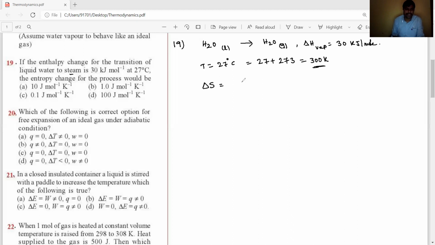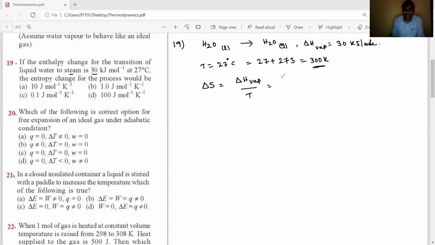Delta S for this phase transformation, we already know the formula: delta S is equal to delta H vaporization divided by temperature. Delta H is 30. The options are given in joules, but delta H is in kilojoules.